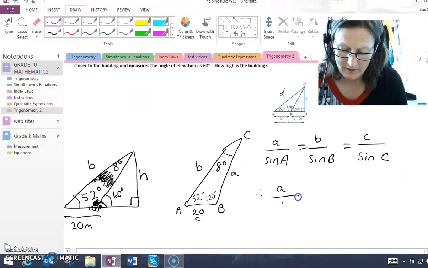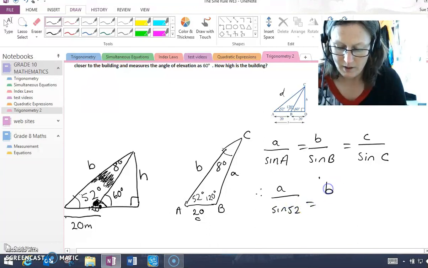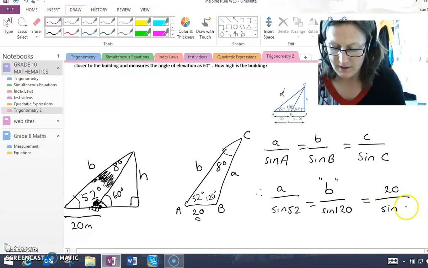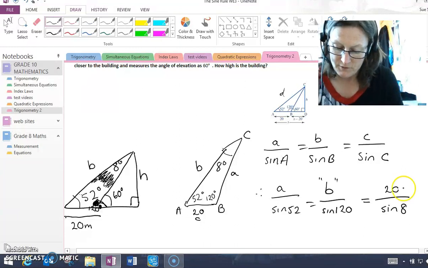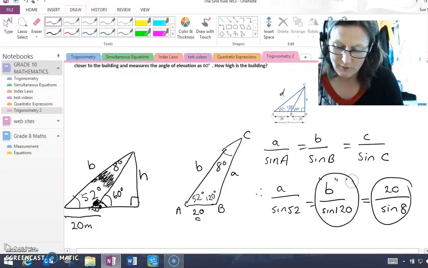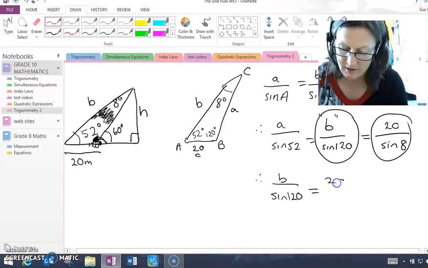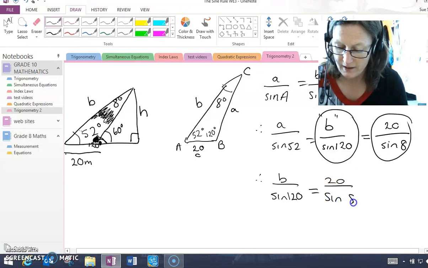I don't know A. I know that angle A is 52. I'm trying to find B. I know that angle B is 120. I know that C is 20 and that angle C is 8. So I'm going to use this and this to find B. B over sine 120 is 20 over sine 8.